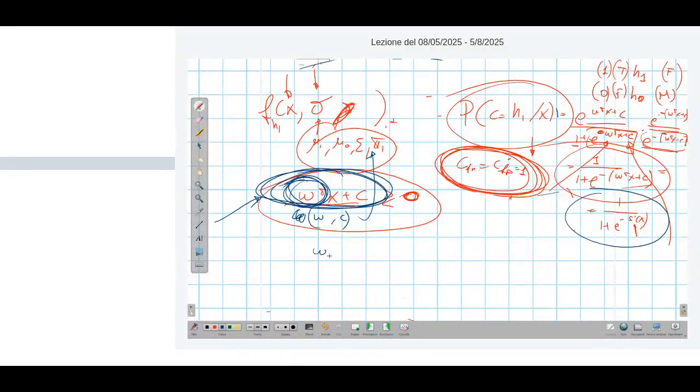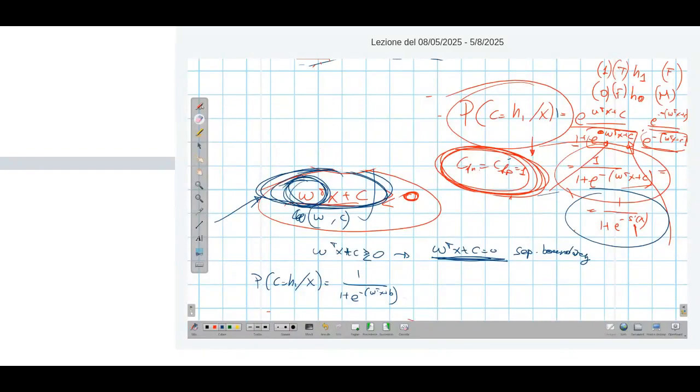So if our separation rule has this form, which means that the separation boundary equation is a linear separation rule, then the class posterior probability for class 1 given x will be 1 divided by 1 plus exponential of minus W transpose x plus b. Now this function, 1 plus exponential of minus s, has a name.